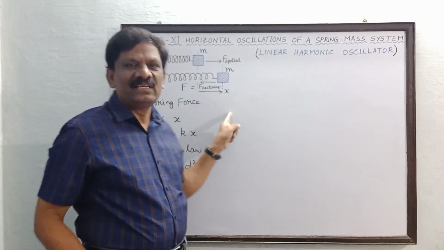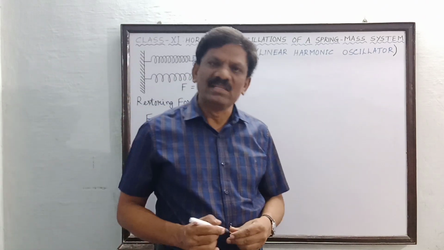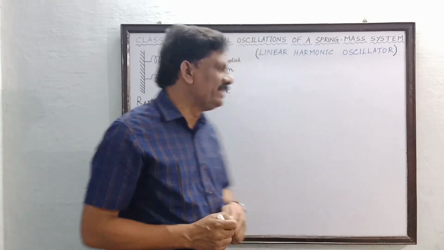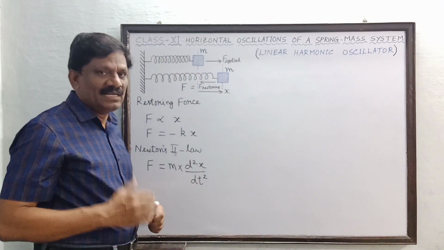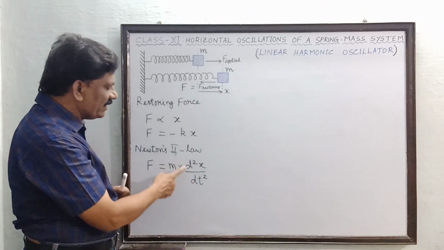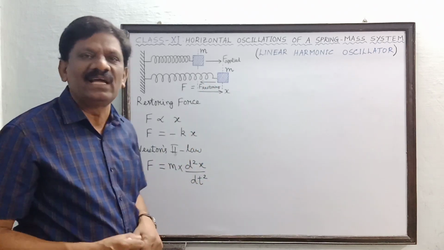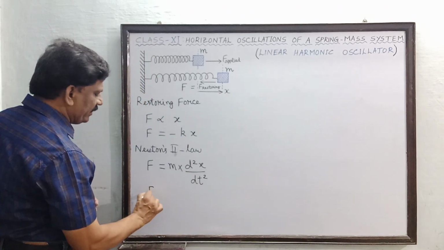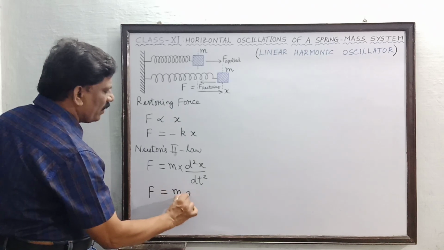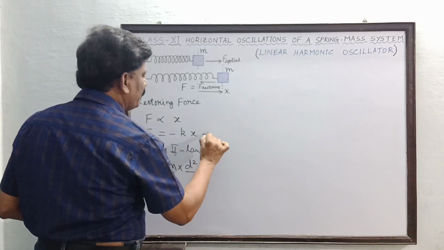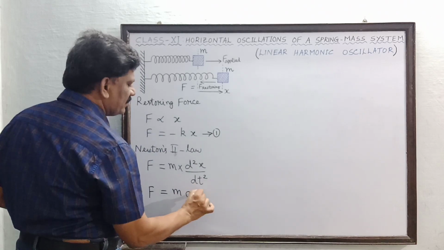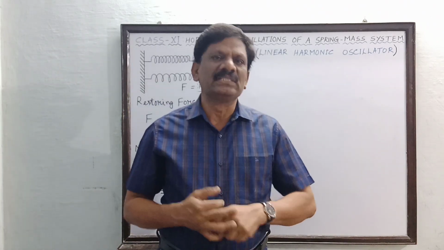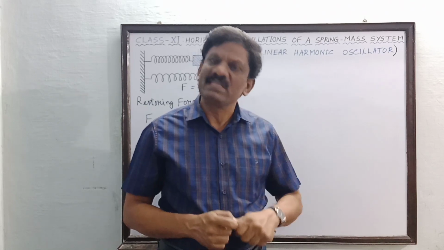When x is the displacement produced on the wooden block, if you differentiate the displacement once, dx by dt is its velocity, and the second derivative of the displacement x, that is d square x by dt square, is its acceleration. So I can also write F is equal to m into a. So this is equation 1 and this is equation 2. I have written two equations for the restoring force F.